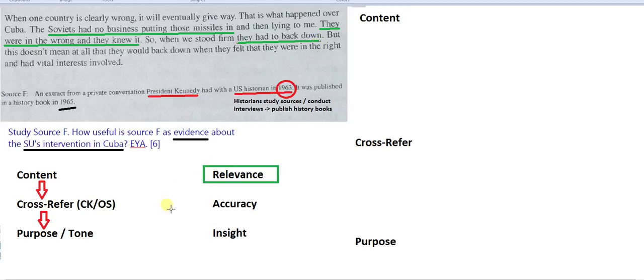So when we look at the content itself, we realize that yes, the content shows us that this source is relevant, and therefore useful in that very way. So what you can say is that Source F, oops.